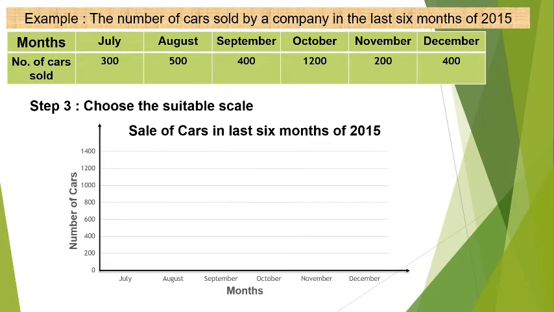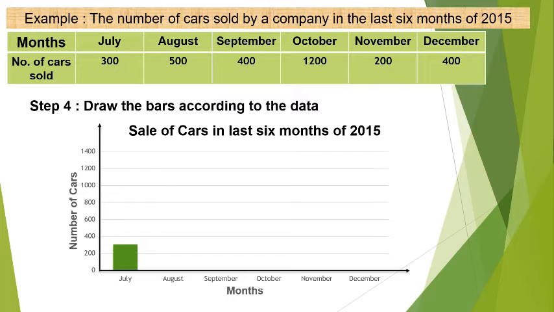So in this, we are choosing the scale as month on the x-axis and the number of cars on the y-axis. Then comes your step 4. Draw the bars according to the data. Over here, we have chosen the scale as one block is equal to 200 cars. For July, the value is 300. So for July, the value will lie between 200 and 400.